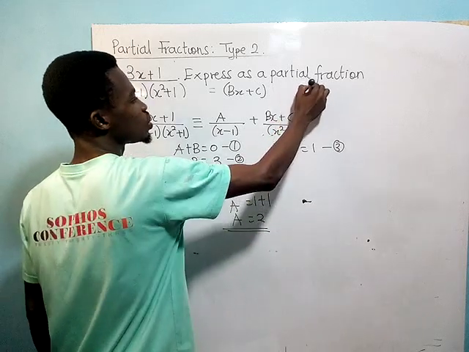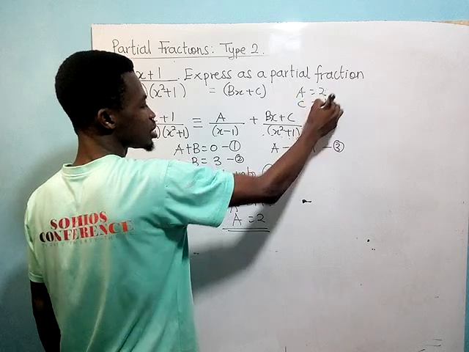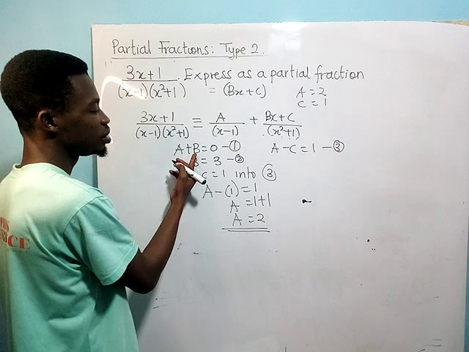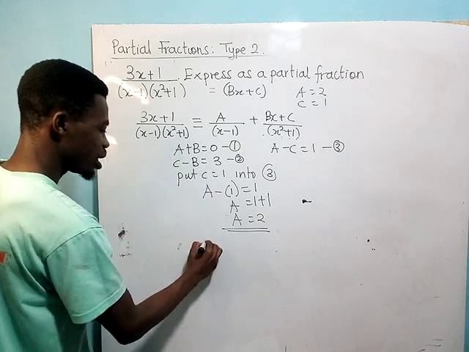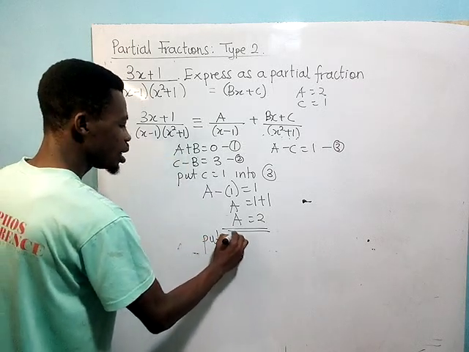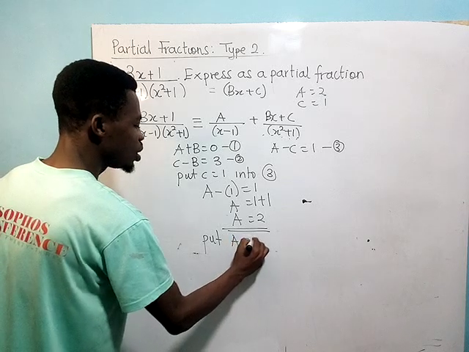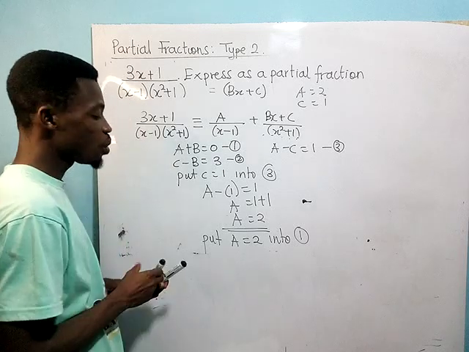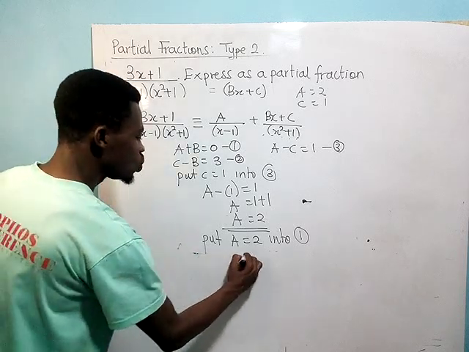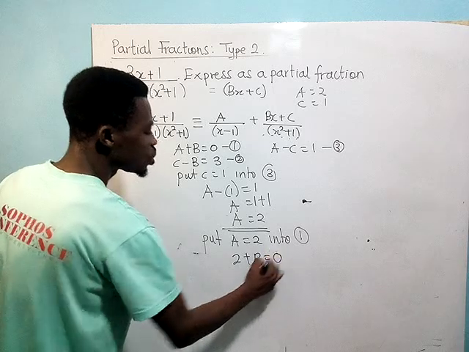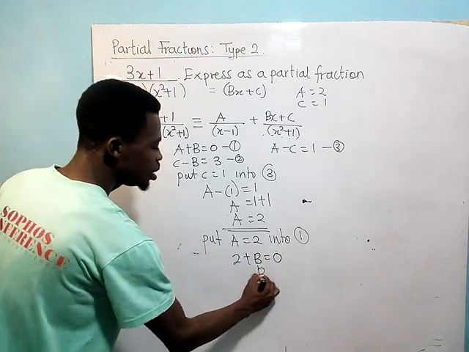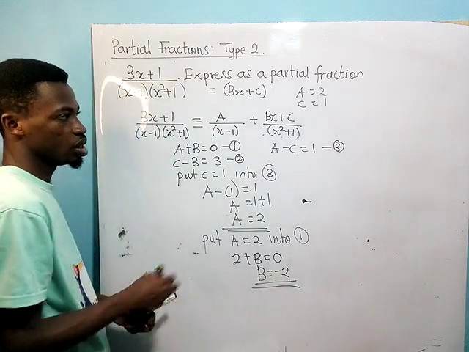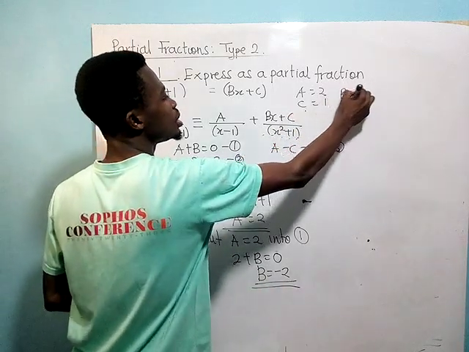We have A as 2, c as 1. We can now find b. We put A = 2 into equation 1, where we obtain 2 + b = 0. Then b is equal to negative 2.